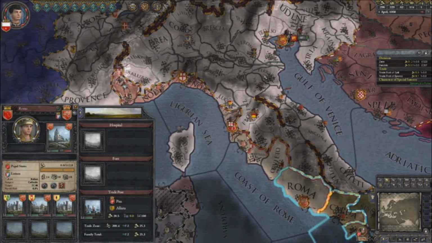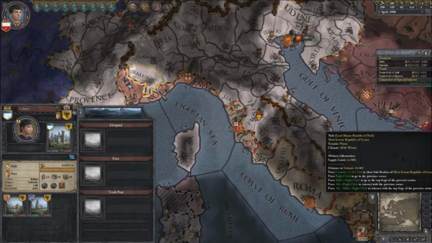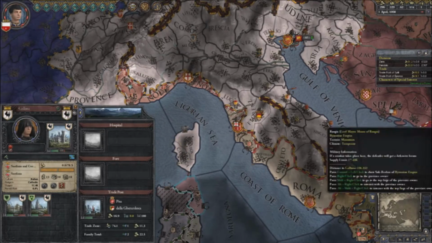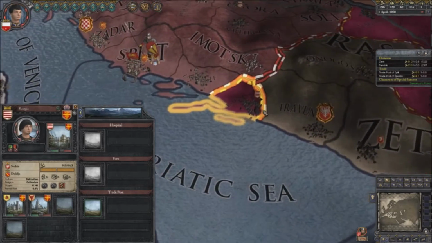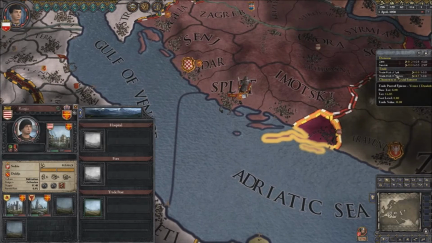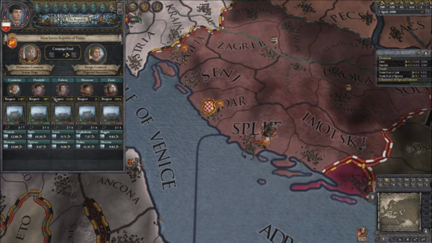reinvest that money. Over here in Ragusa. Well, that's one thing we could do. Invest it in a trade post in Ragusa.